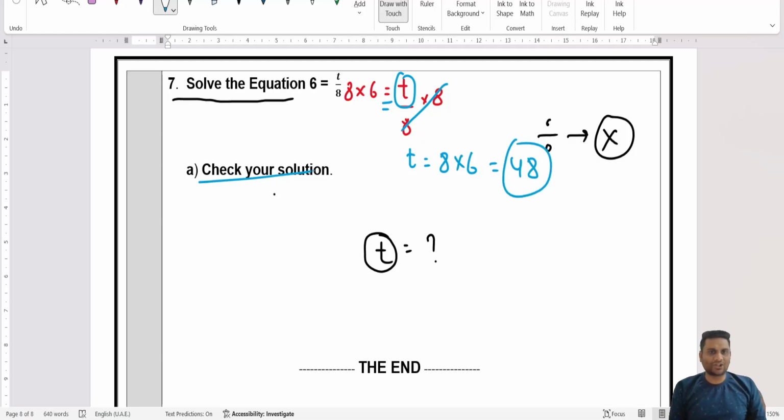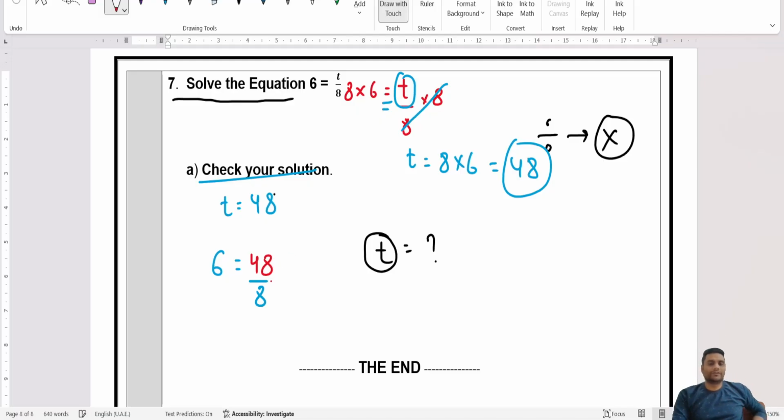Now here they are saying check your solution. So let us check how to check it. What is the value of t? We know that the t is now 48, right? We will put it back into the equation. What is the equation? 6 equals t over 8, right? Now I know that t is 48.